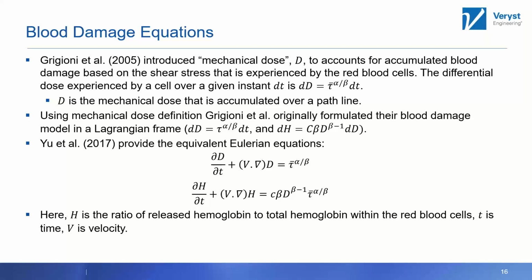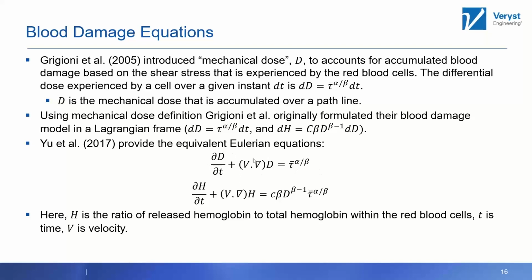Let's say you want to use these two equations. First, you solve the background flow to predict the velocity field and blood velocity everywhere in the domain. Then you solve this advection equation for the mechanical dose, where V is the velocity and tau is shear stress. You have them from the first solver, from which you get the velocity of the flow, and you can get shear stress everywhere in the flow.